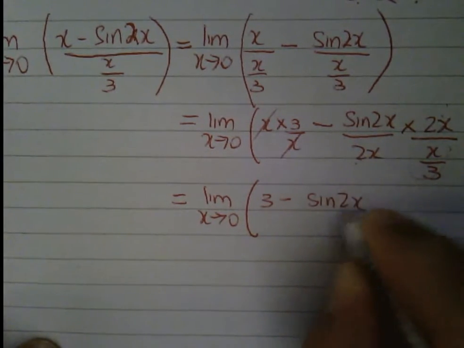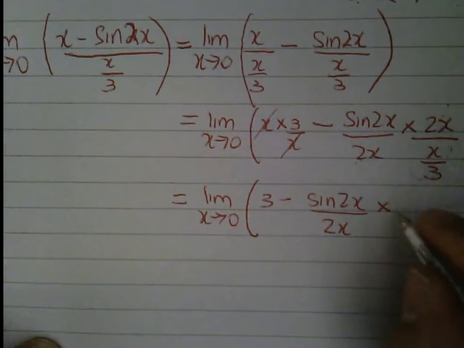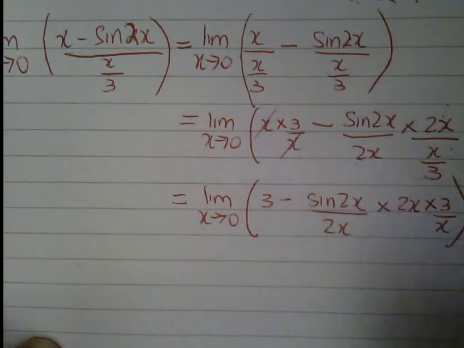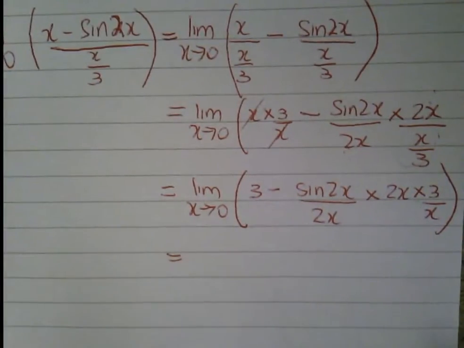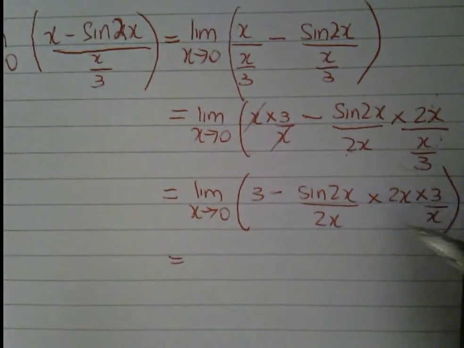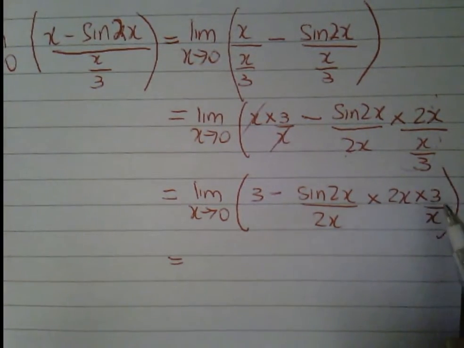sine of 2x over 2x times, what's 2x divided by x over 3? It's 2x times 3 over x. You know what? Instead of guessing and getting it wrong, write the extra line. Dividing by a fraction is the same as timesing by the reciprocal. I don't want to see 2/3 there. And you could very easily make that mistake instead of writing 6 if you don't write out what you're doing.